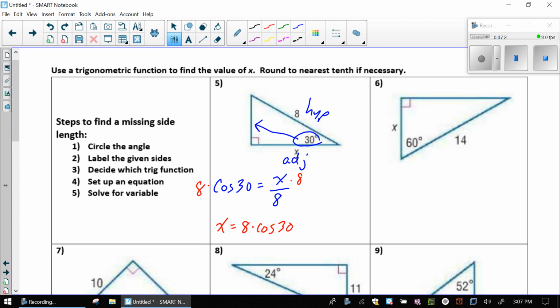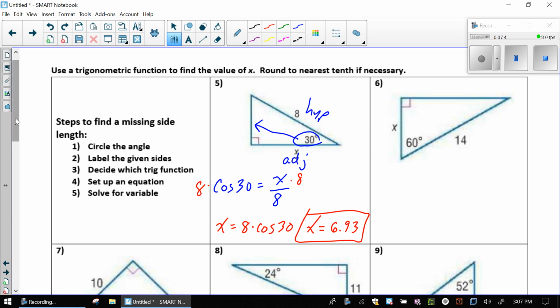Make sure when you arrow down that you see the degree is highlighted and not radian, because I'm going to put in 30 degrees. So I'm just putting 8 times cosine 30. And we get x equals, this is where we'll round to the 100th, 6.93.